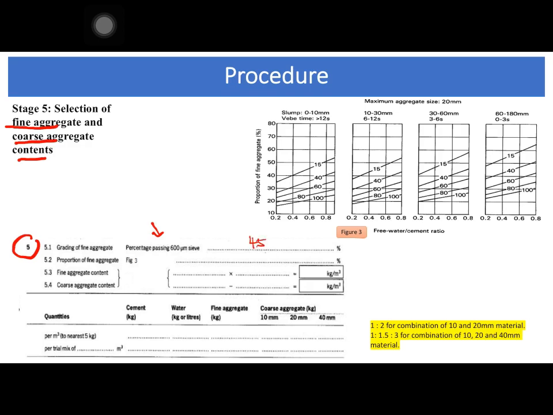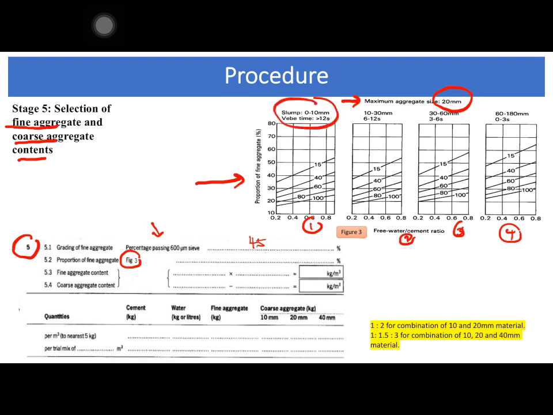Now 5.2 refers to figure 3. Figure 3 refers to the maximum aggregate size. Here we are using 20 mm, but if you have 10 mm or 40 mm, then you need to refer to the respective size of the maximum aggregate. We also need to choose based on these four graphs, number 1, 2, 3 and 4, according to the slump height.